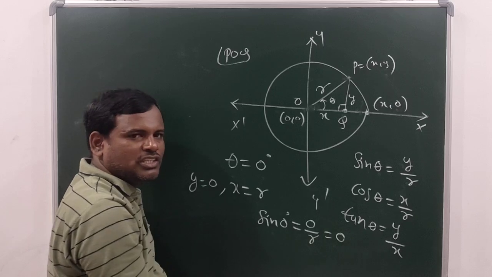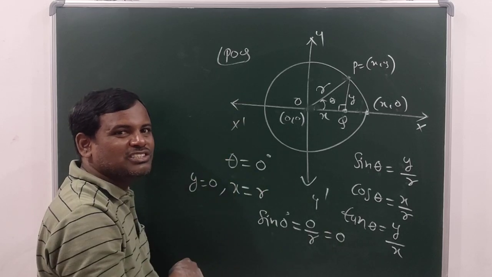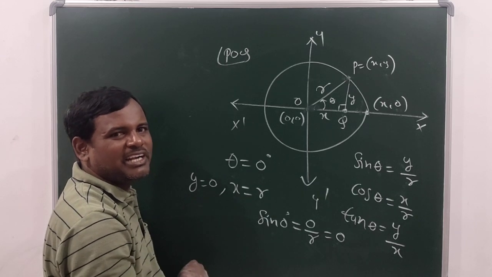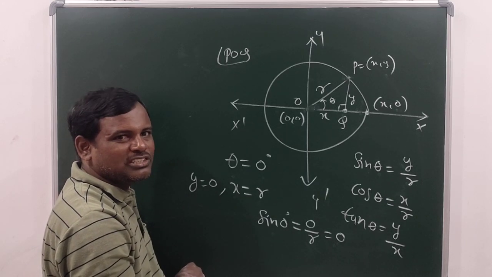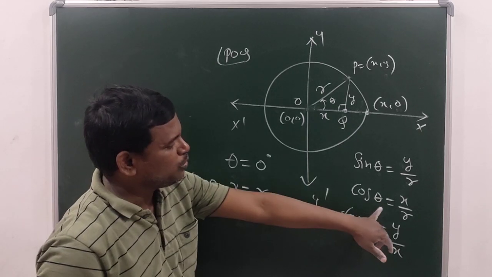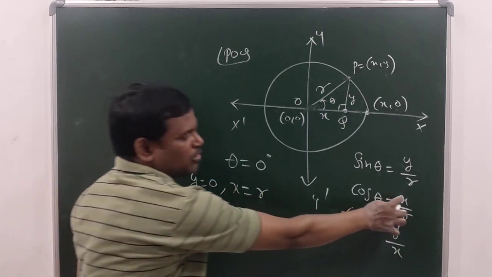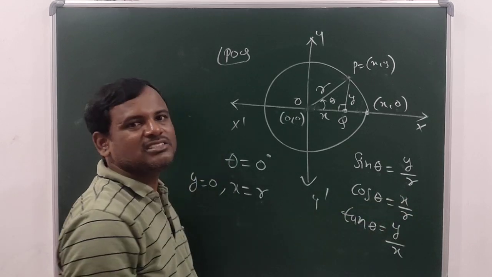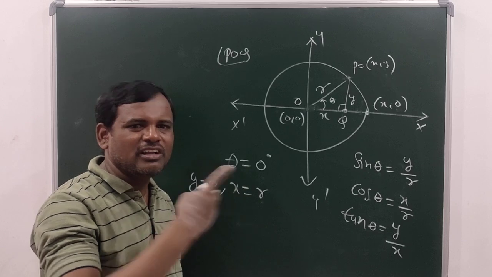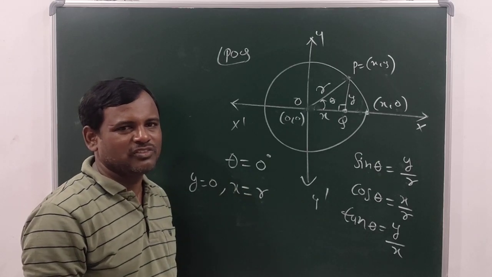When sin 0 is 0, then for its reciprocal, cosec 0, you have to take the reciprocal, which will not be defined. So cosec 0 is not defined, sin 0 is 0. Similarly, go to this ratio and put x equal to r, cancel. Cos 0 degrees becomes 1. If cos 0 is 1, its reciprocal, secant 0, is 1.